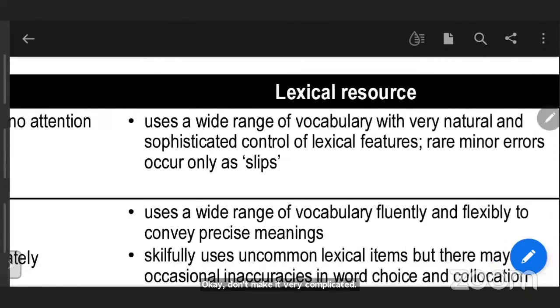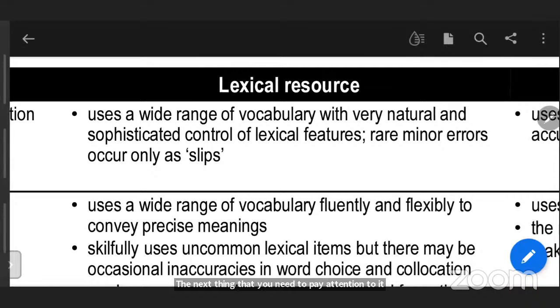The next thing that you need to pay attention to is lexical resource. Lexical resource means the type of vocabulary you are using. Is it correct? Is it adequate? Because sometimes my IELTS students try hard to sound like they have difficult vocabulary, but apparently they are using the wrong word.